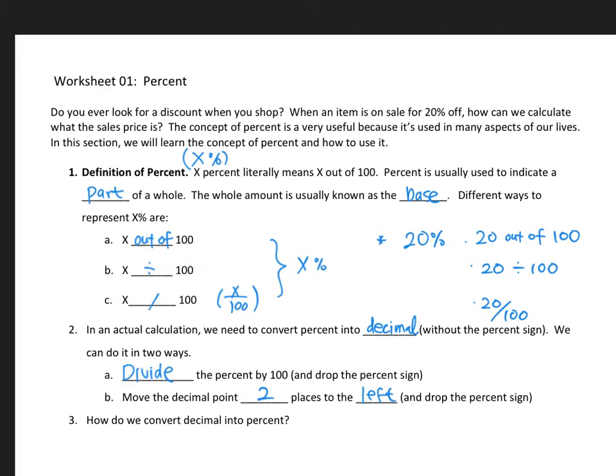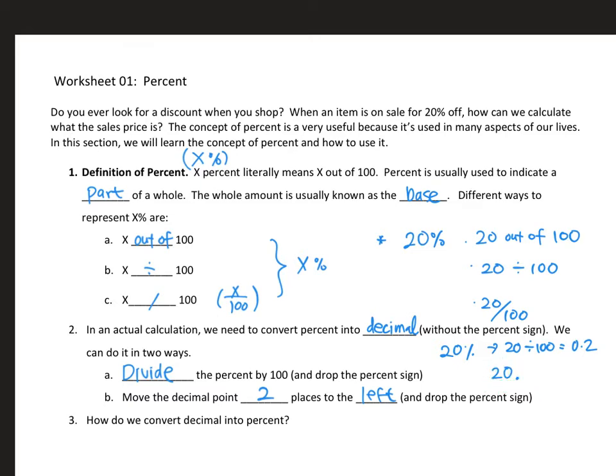So for example, if I have to use 20% during my calculation, how do I actually use that? I can do 20 divided by 100. If you calculate that out, you're going to get 0.2 without the percent sign. Or with 20%, there's no decimal shown, so when you have no decimal, it's always at the end of the whole number. After the 20 whole number, there's a decimal.